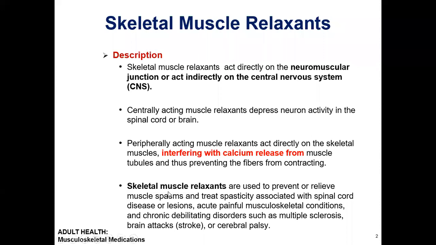Skeletal muscle relaxants are used to prevent or relieve muscle spasm and treat spasticity. Spasticity is associated with spinal cord disease, like acute painful musculoskeletal conditions, and also chronic debilitating disorders such as multiple sclerosis, brain attack, or cerebral palsy.